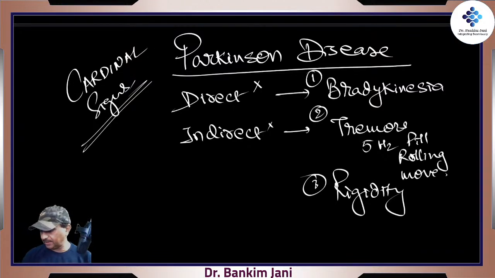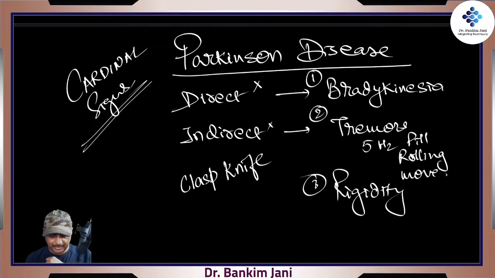When we discuss the clinical part of neurology, that is the clinical understanding of neurology, at that point we'll talk in depth about rigidity and its various types. One is clasp knife, just giving the example. Clasp knife rigidity is like a Rampuri knife, right? See how it opens, thak.